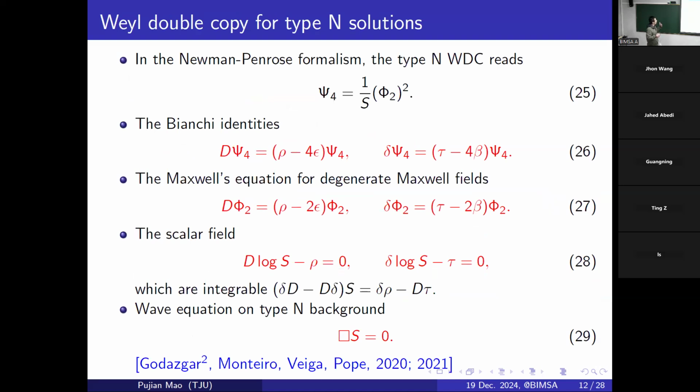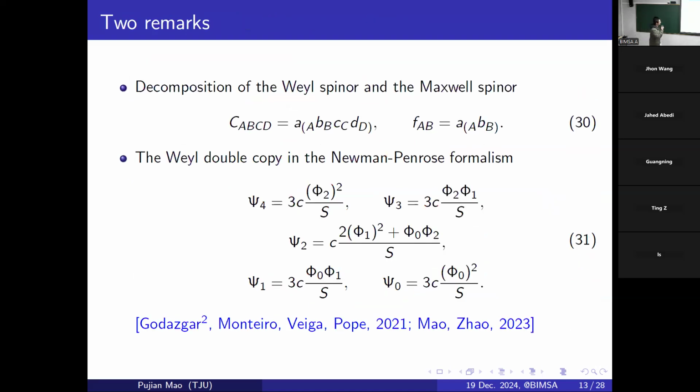That's already all the case we can have, right? Of course, you can somehow generalize or relax the condition. You can use two different Maxwell fields to construct the Weyl tensor. Then this is another story. This should be more complicated. Of course, people are working on that, and we hope there can be some nice observations soon.